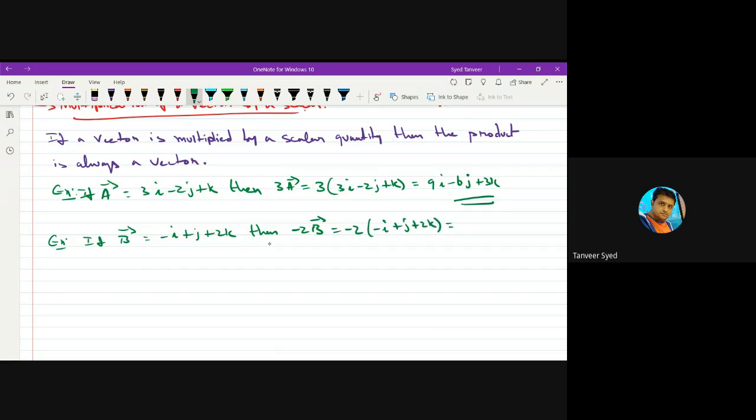Minus 2 times minus i is 2i, minus 2j, and minus 2 times 2k is minus 4k. That's all. There is nothing new here. It's just like opening your brackets in ordinary multiplication. So multiplication of a vector by a scalar is nothing complicated, simple.